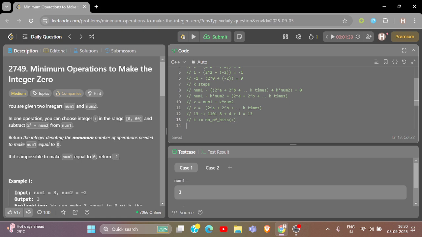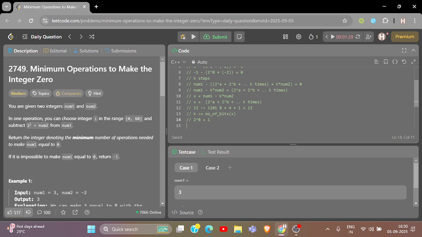Now we have to talk about the upper bound, which is simple. In one operation, the least I can choose is 2 to the power 0, that is 1. So in one operation, I can subtract 1 at max.